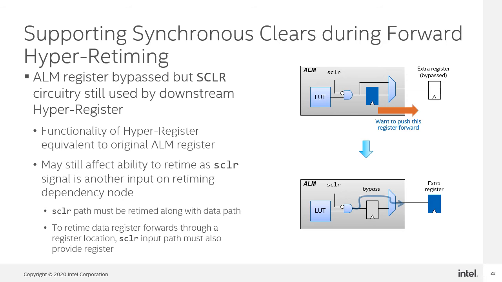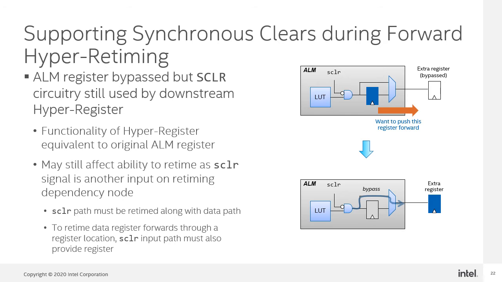This same bypass path also allows all synchronous inputs to the ALM register, including the synchronous clear signal, to bypass the ALM register and be used by the hyper-register downstream. The result is the synchronous clear functionality on a hyper-register.